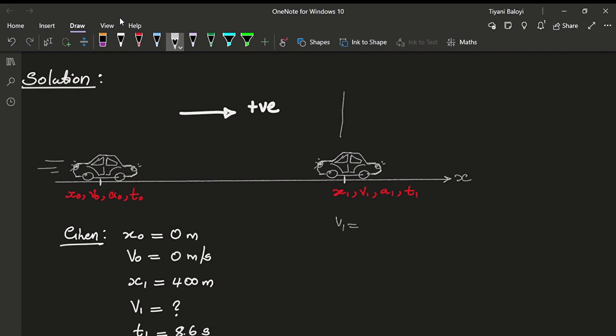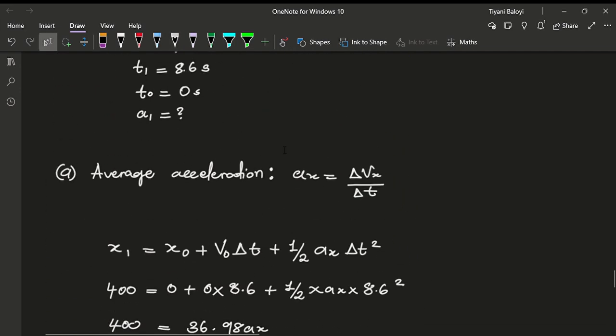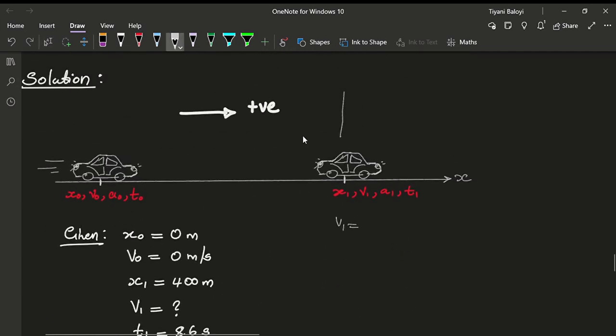What was its final velocity? Yes, it's moving at 93, which is very high. That's what you expect for racing cars, at 93.05 meters per second. And the acceleration from here up to here was 10.82 meters per second squared.